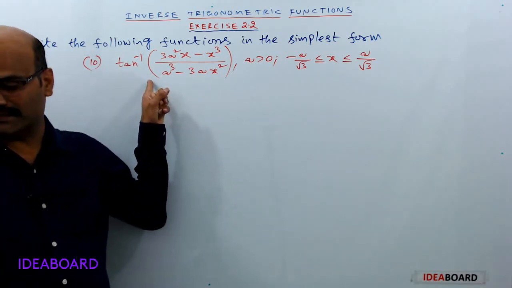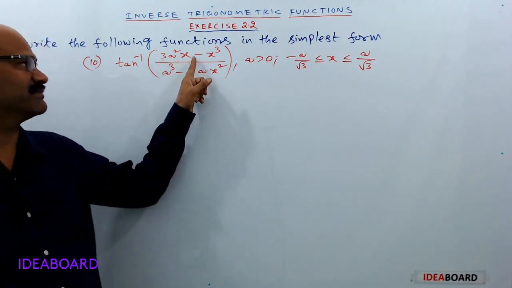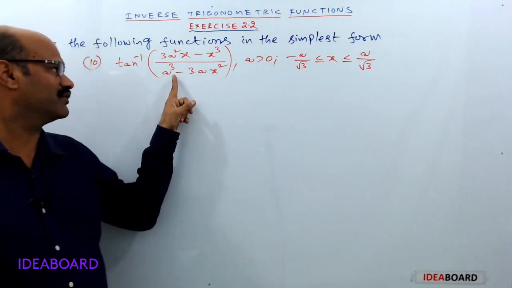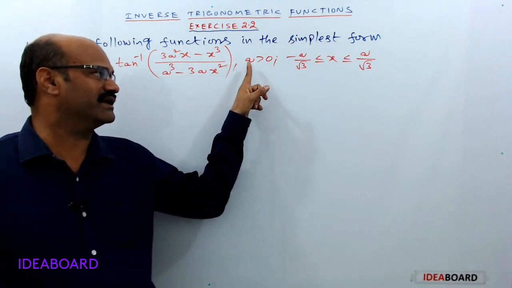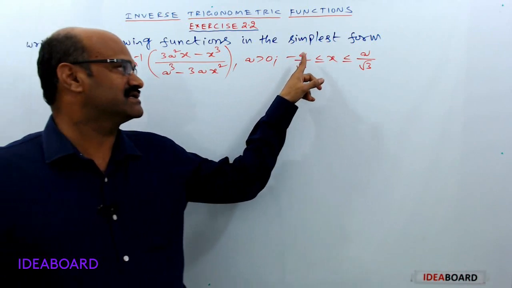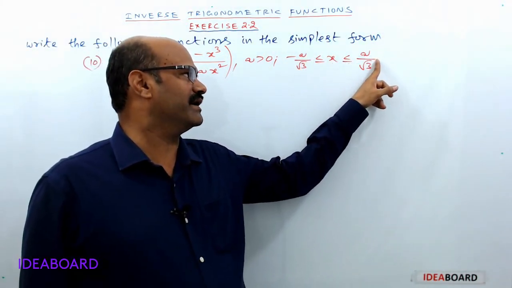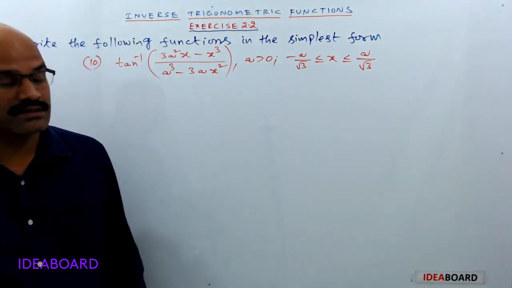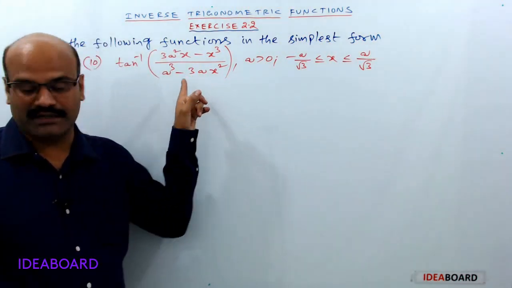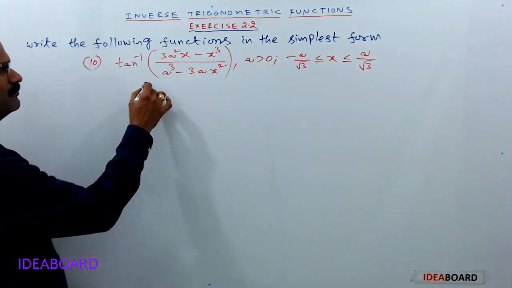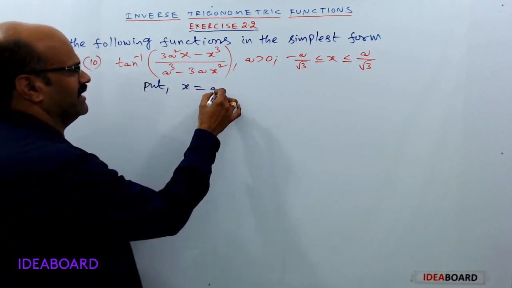Tenth problem, tan inverse of (3a square x minus x cube) upon (a cube minus 3a x square), a greater than 0, minus a by root 3 less than or equal to x less than or equal to a by root 3. In this problem, put x equal to a tan theta.